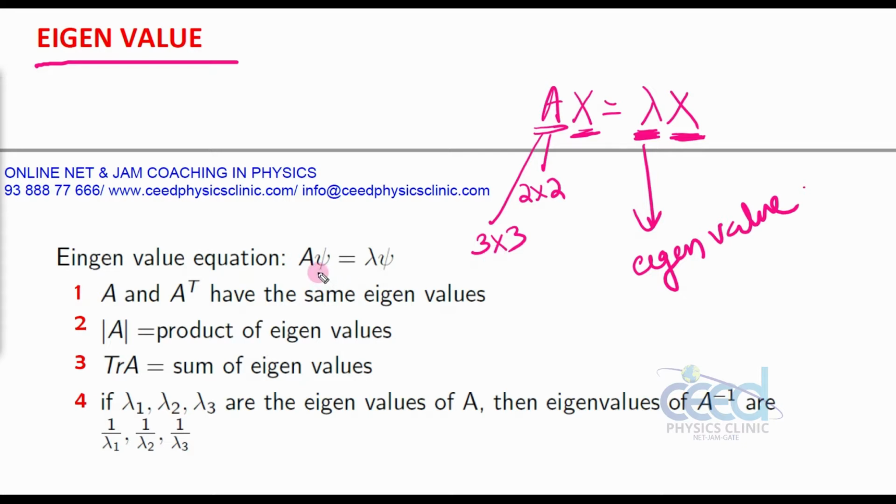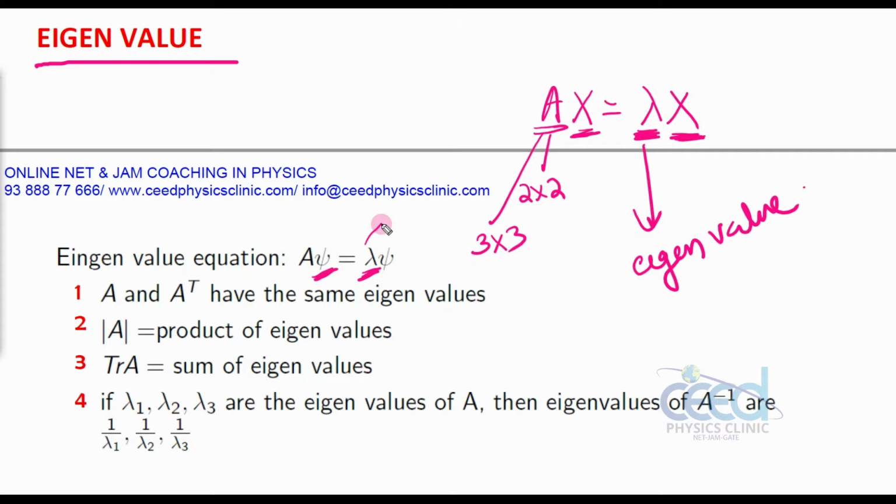In quantum mechanics, a wave function psi works on an operator that gives the eigenvalue lambda. When you solve the Schrodinger wave equation, we are measuring the energy eigenvalue using this equation. We will discuss that in depth there.